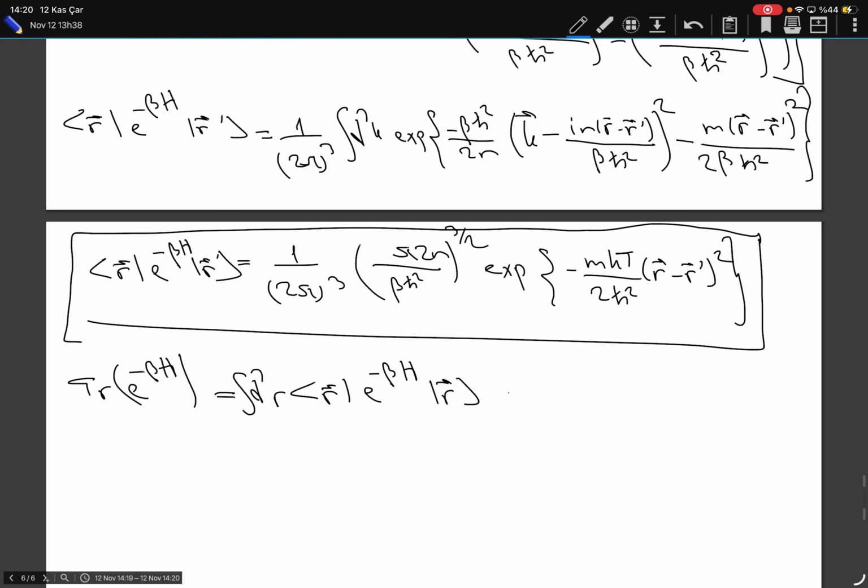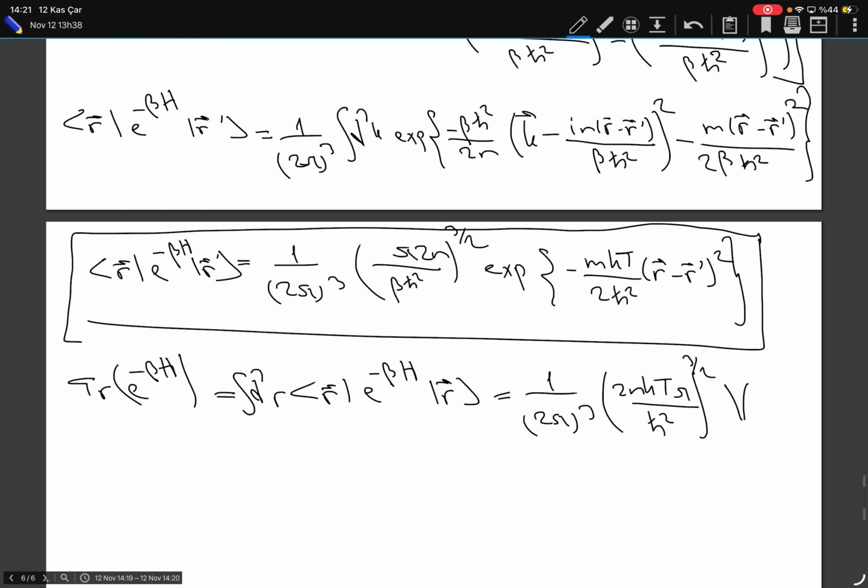But that is just 1 over (2 pi) cubed, times (2 m k T pi over h bar squared) raised to the power 3 over 2, times V. Because if r and r prime are equal, then the exponent is just 1, there is no r dependence. So the integral over r just gives me the volume.